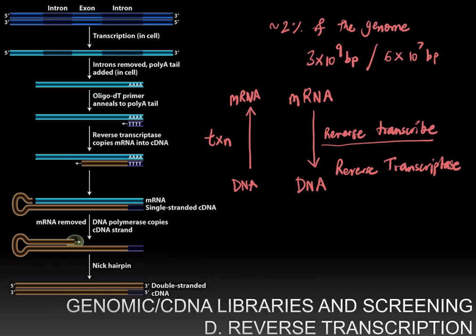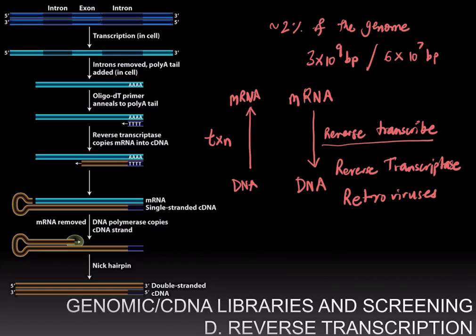And this enzyme was developed by, or evolved by, retroviruses, for example, HIV or the coronavirus, whose genetic information or genome is in the form of RNA, and in order to use the cell's DNA replication machinery, these viruses convert their RNA genome into DNA using this enzyme reverse transcriptase. And we can use this enzyme isolated from these retroviruses to do the same.